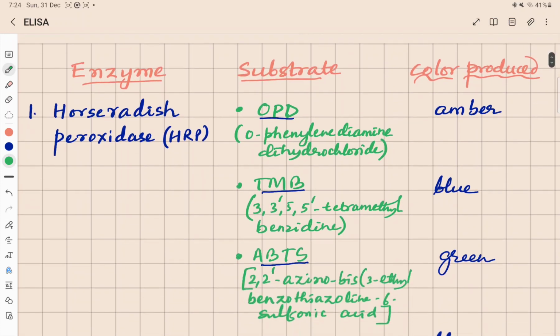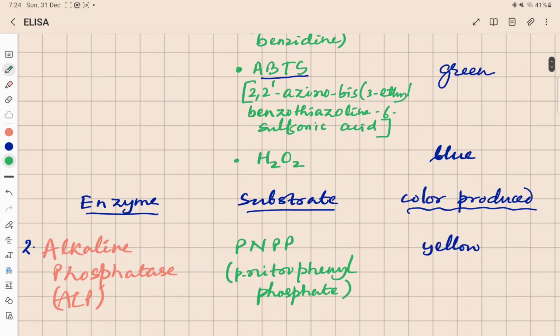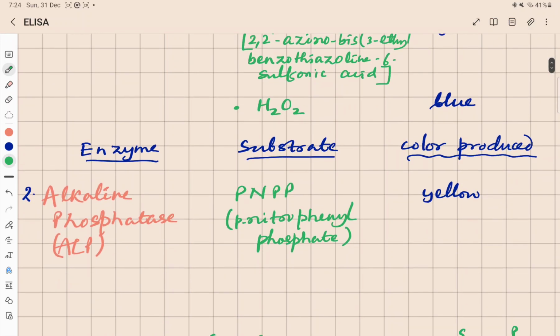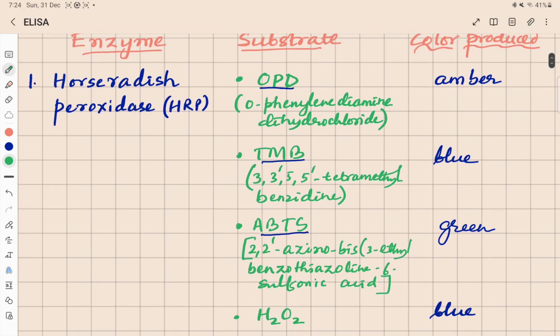Two types of enzyme are usually used. One is horseradish peroxidase and the other is alkaline phosphatase. For horseradish peroxidase, the usual substrate is H2O2 and the product obtained is blue in color. We can also use OPD, O-phenylene diamine dihydrochloride, where the product is amber.